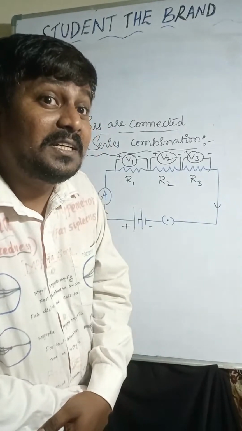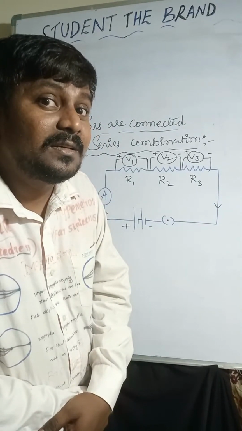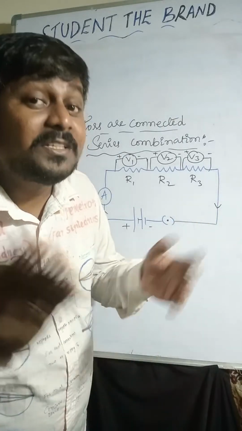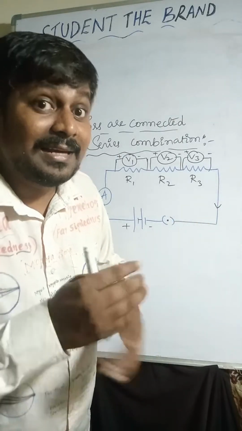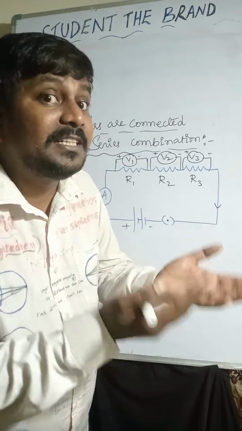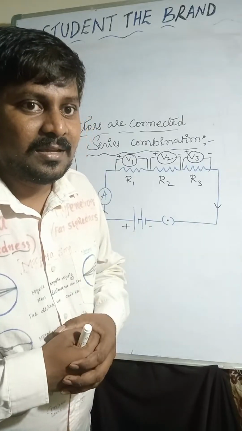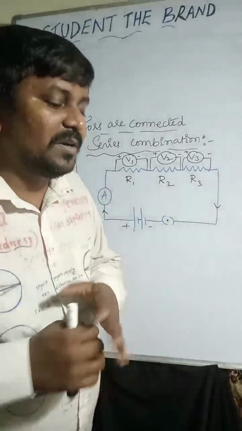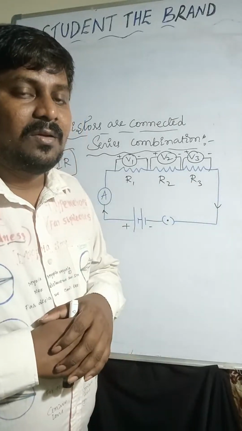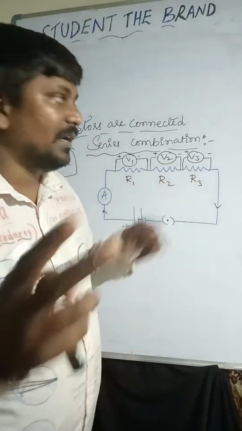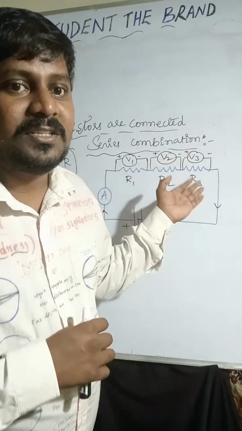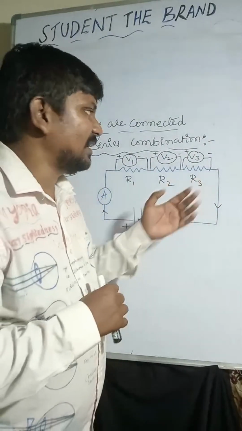What can we measure? We can measure two: one is potential difference and another is current.